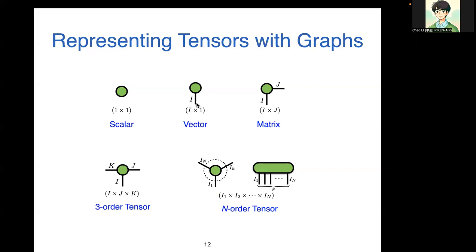For example, this node here with one edge label I, that's just a vector, a tensor of order 1. If it's got two edges, it's then a matrix, a tensor of order 2. And you can keep adding edges to represent higher and higher orders.